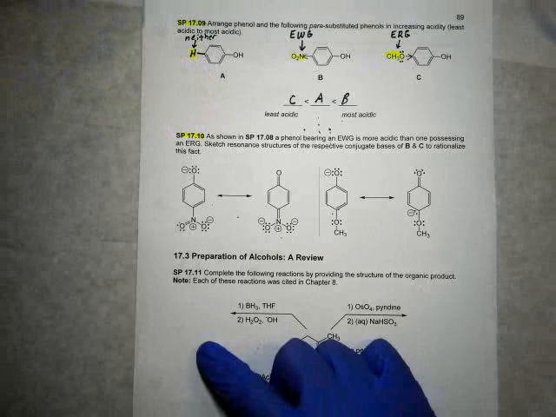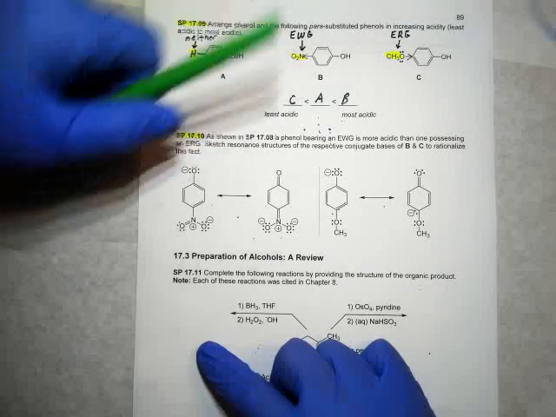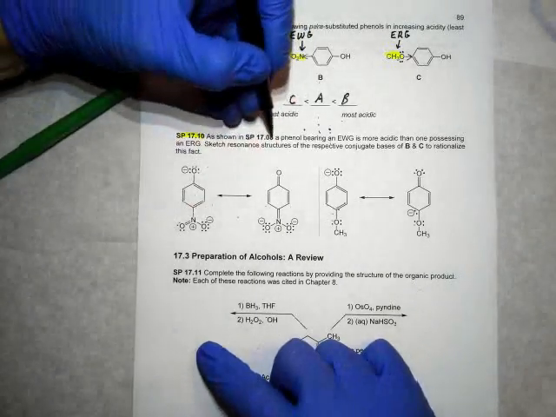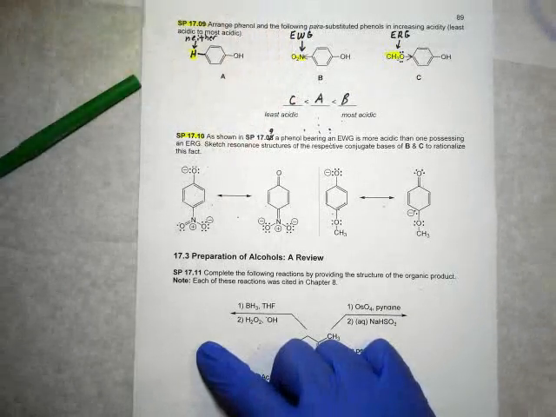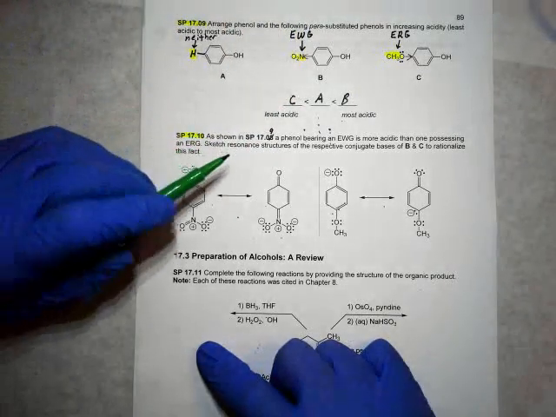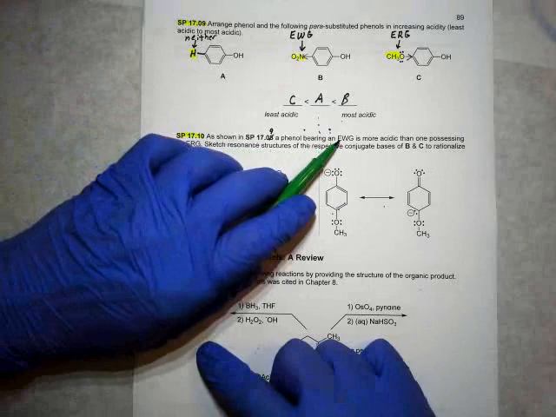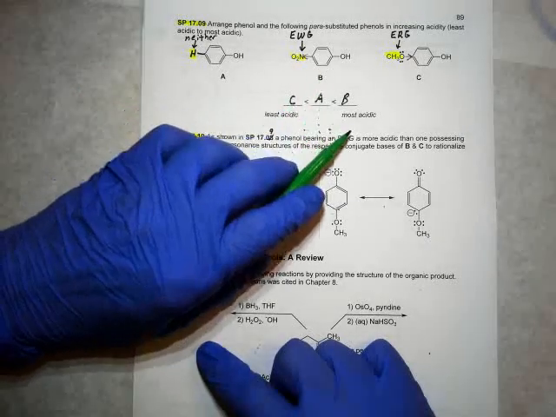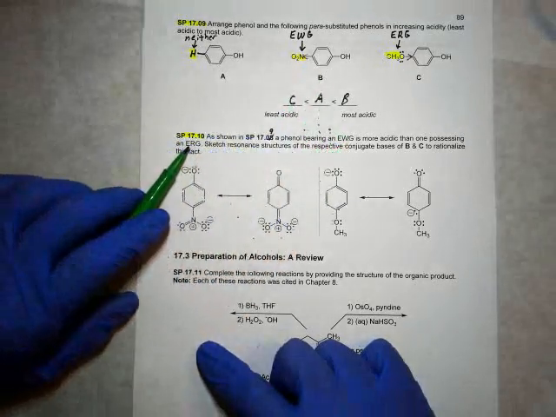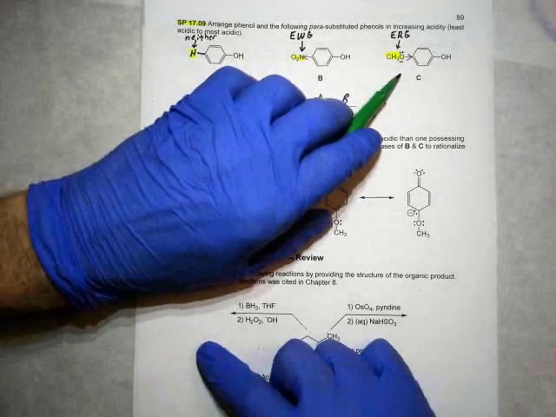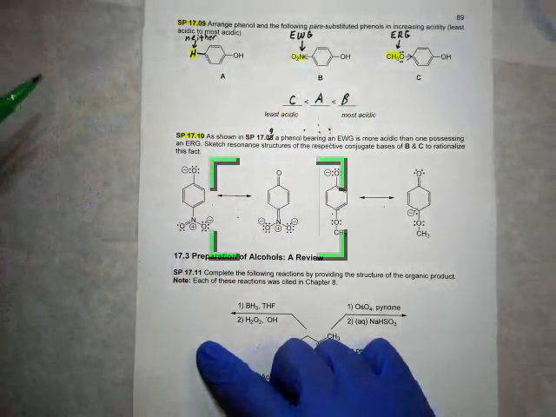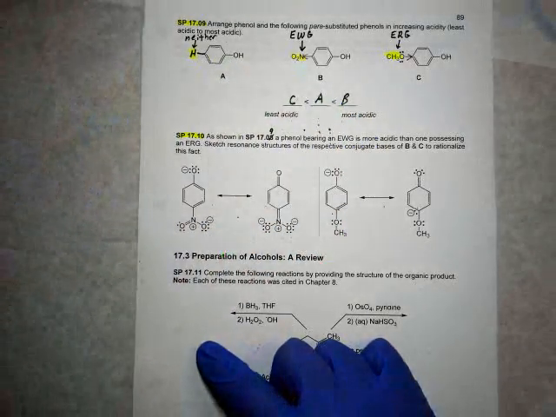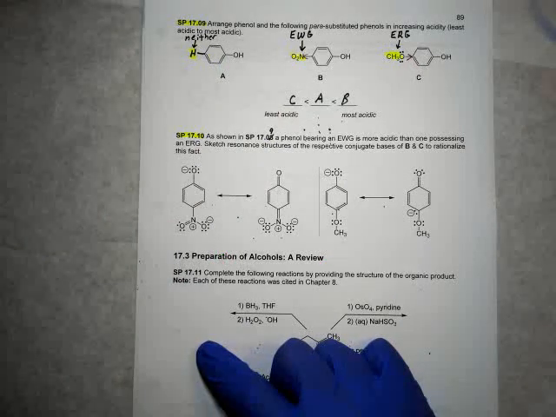As shown in 17.09, a phenol bearing electron withdrawing group, that's this one, is more acidic than one possessing electron releasing group. That would be this one. Sketch resonance structures of these respective conjugate bases of B and C to rationalize this fact.